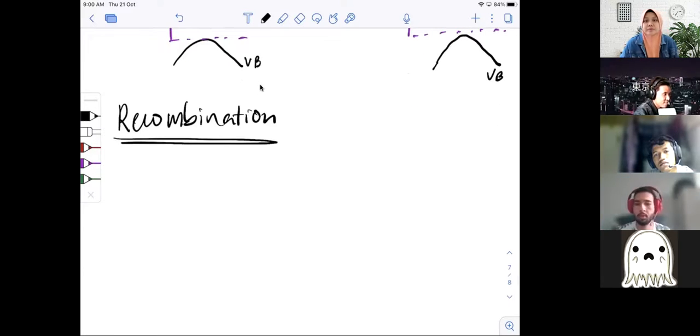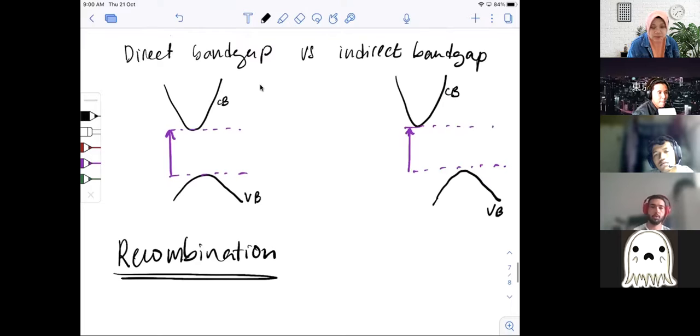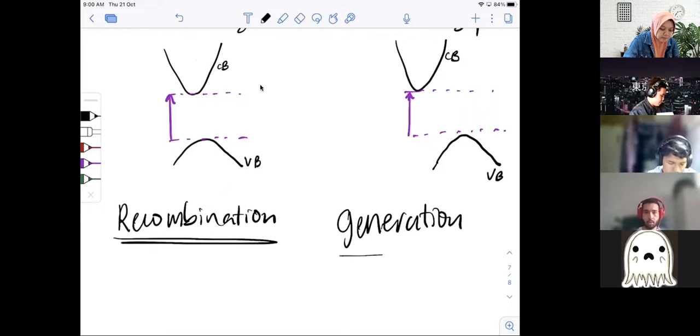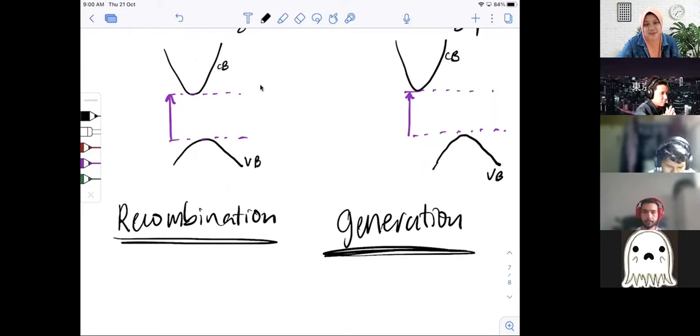Okay, so now what's the significance? In order to explain the significance, we talk about recombination. For us to talk about recombination, we need to talk about generation. They are like siblings, brothers and sisters. Generation and recombination. So what are they?